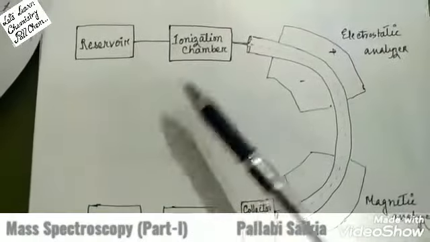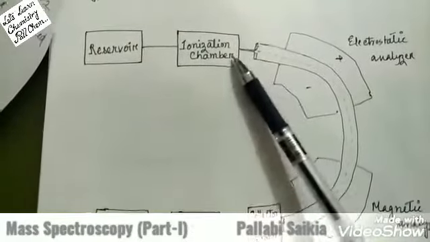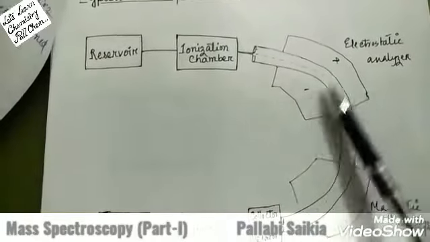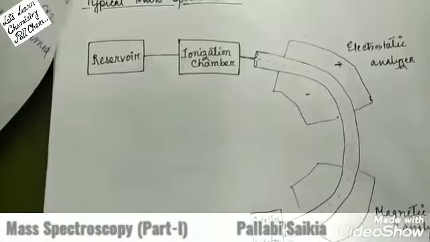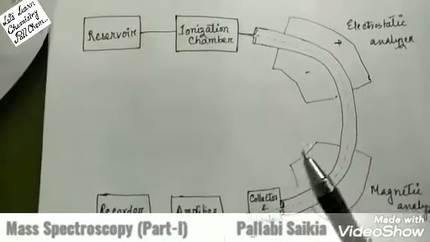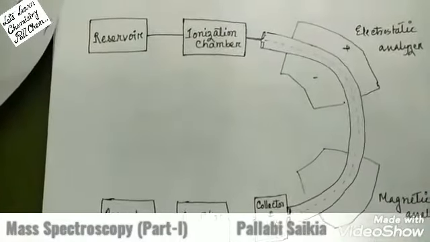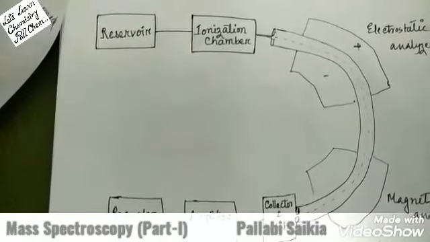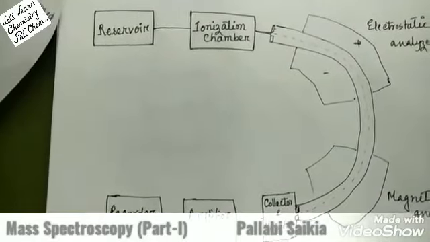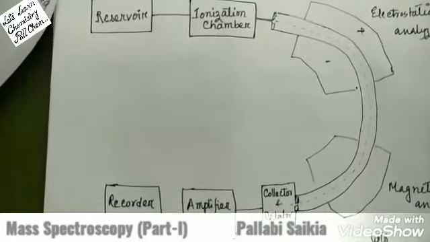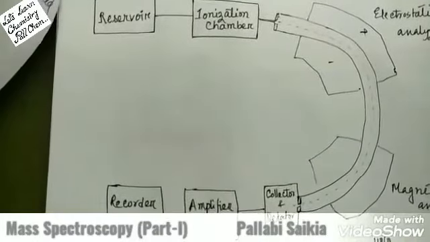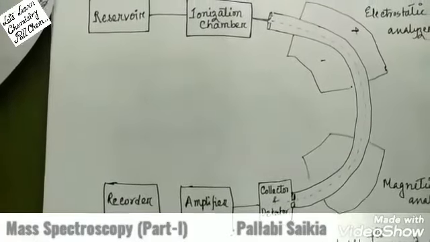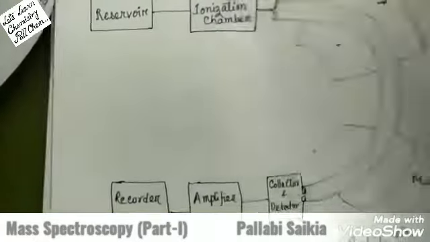Different techniques are there to ionize the sample, and the ions are passed through the electric and magnetic field, where they follow a circular path, and are then separated, collected and detected. The signal coming from the detector is converted to digital form, and this digitalized data is stored in computer memory, which is further obtained as a peak.